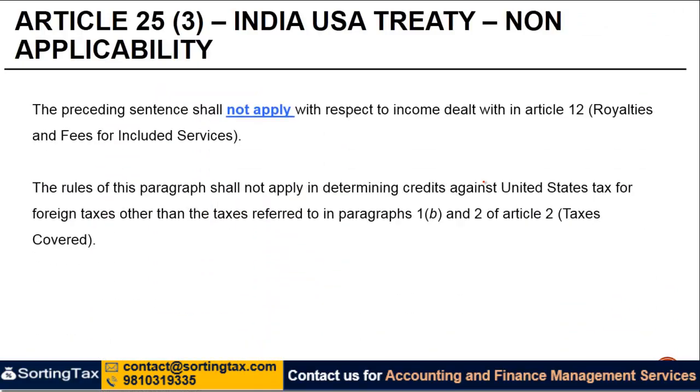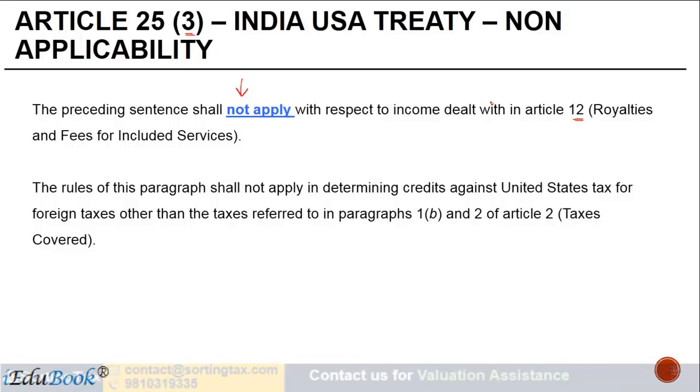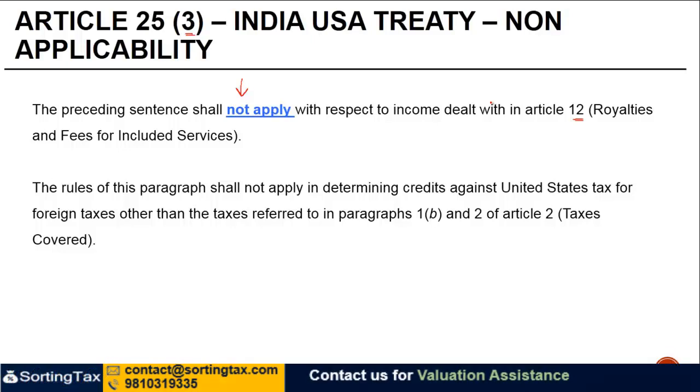Now, the second part of this paragraph 3 reads as under: the preceding sentence shall not apply with respect to income dealt with in Article 12. So when you talk about Article 12, which is royalty and fees for included services, that sentence shall not apply.